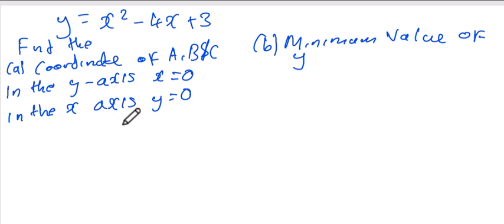So for us to find the coordinates for A, we're going to say x is equal to 0.